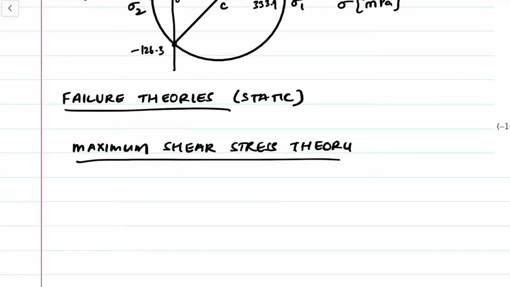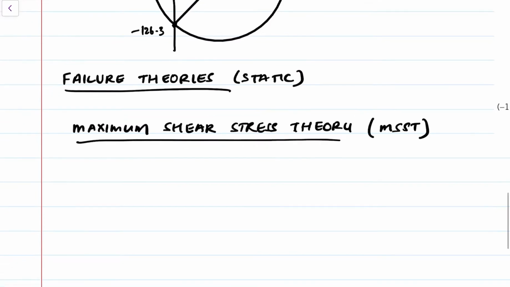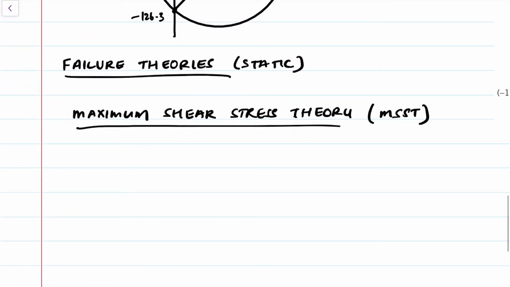What is specific to the maximum shear stress theory, or MSST, as I will refer to it going forward, is it says that the shear yielding strength, SSY, so SY is yield strength in the normal direction, SSY is the yield strength in the shear plane, is equal to exactly half that of the normal yield strength. All right, so this is characteristic of MSST, and it's something you need to remember.